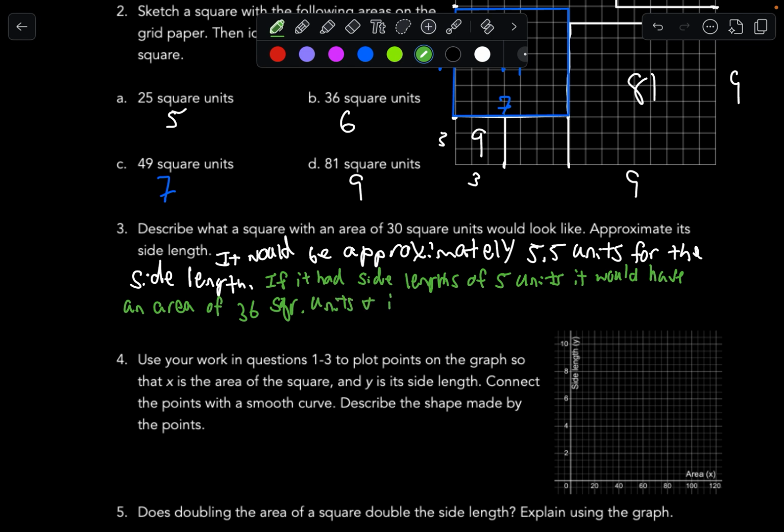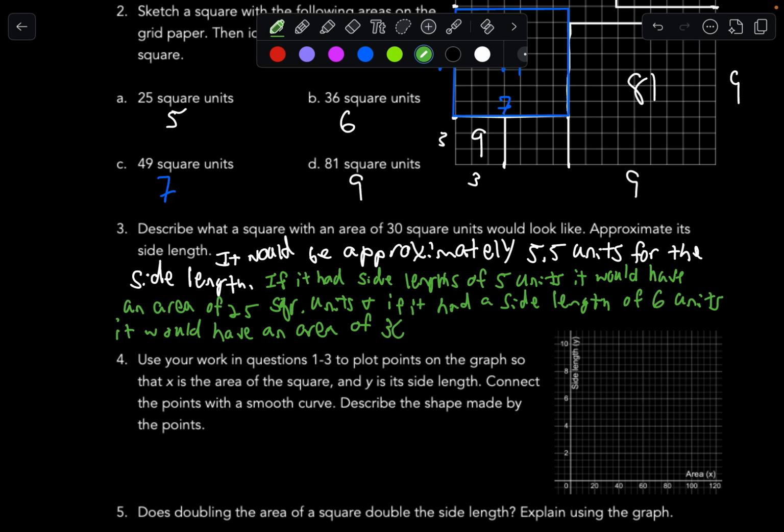And at 5 would be 25. My bad, I was kind of projecting there, knowing what was coming. Of 25 square units, and if it had a side length of 6 units, it would have an area of 36 square units.